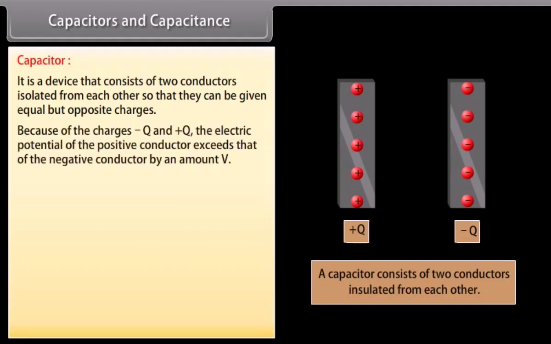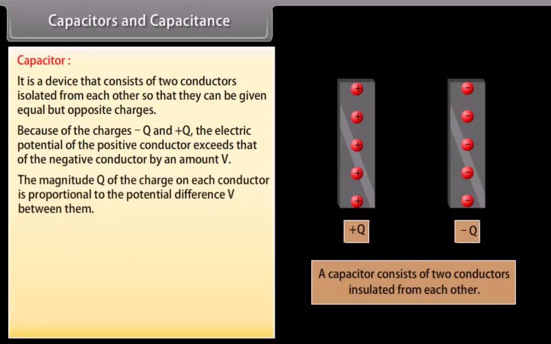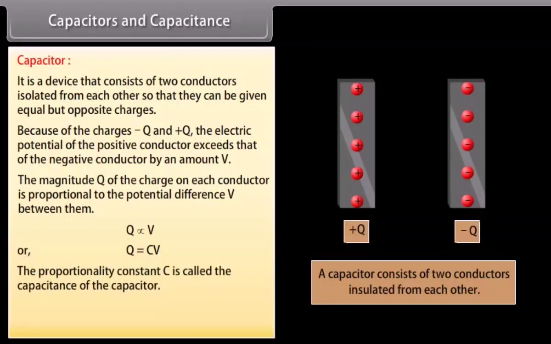Because of the charges minus Q and plus Q, the electric potential of the positive conductor exceeds that of the negative conductor by an amount V. The magnitude Q of the charge on each conductor is proportional to the potential difference V between them. Q is directly proportional to V, or Q is equal to CV. The proportionality constant C is called the capacitance of the capacitor.